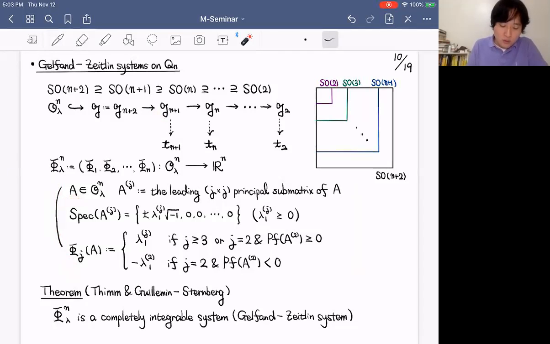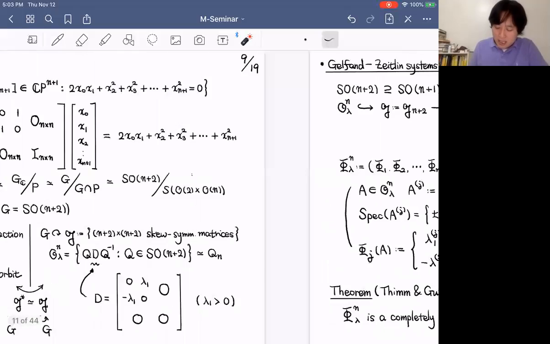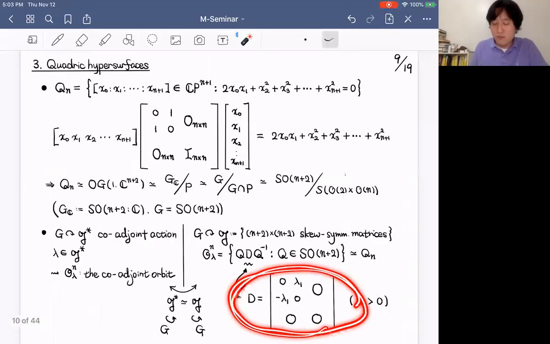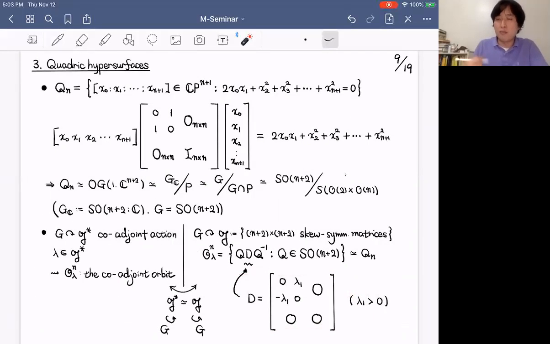If you choose the skew symmetric matrix A, let's say A_j is the leading j by j principal submatrix of it. And to define these, I'm going to compute the eigenvalues of it. So recall that our orbit O_lambda comes from the orbit of the very special element.